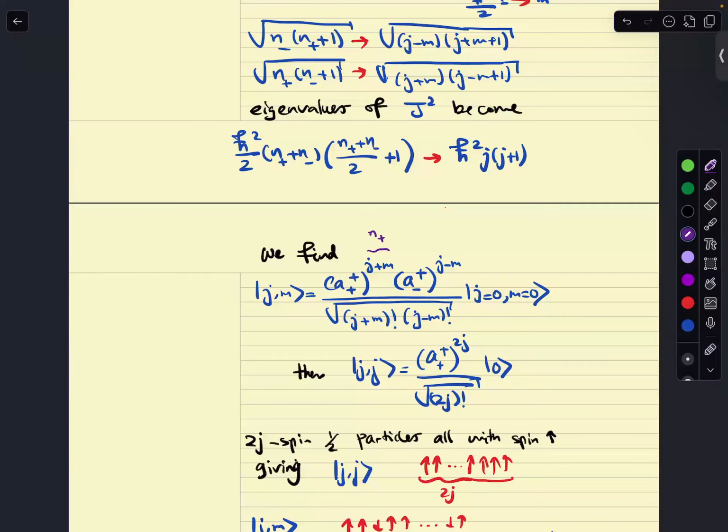This is n plus, actually not over 2, n plus, and then this is n minus. Good. So from this, it follows that the ket jj is a plus dagger to the power of 2j over the square root of 2j factorial. So this 0 is the same state as this.